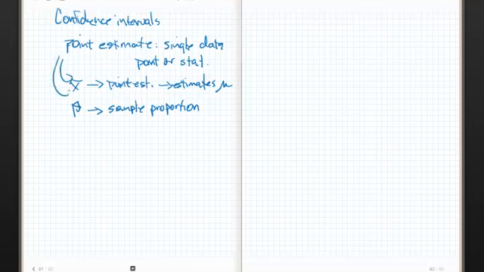A sample mean, a sample proportion, and then S squared, the sample variance, is also a point estimate for the variance of the population. In other words, if you have an unbiased estimator, then the point estimate is just a sample statistic like a mean, a variance, a proportion, etc., that we can use to best estimate the population mean, proportion, variance, etc.